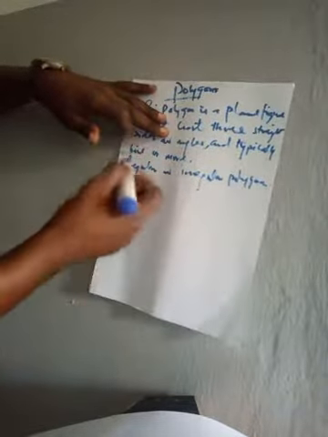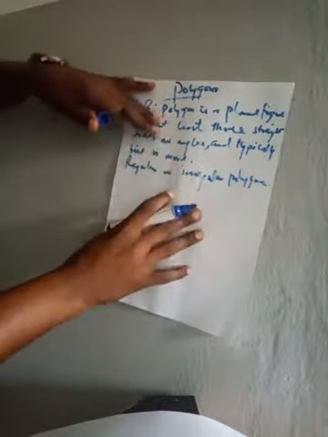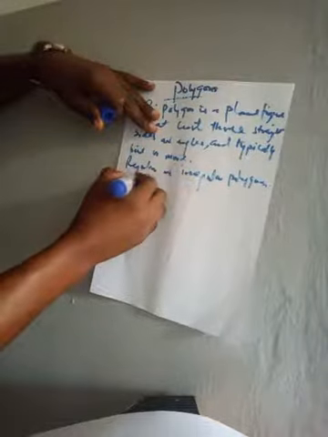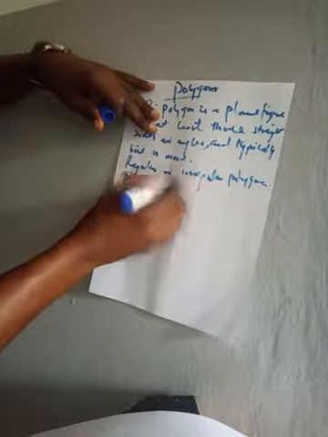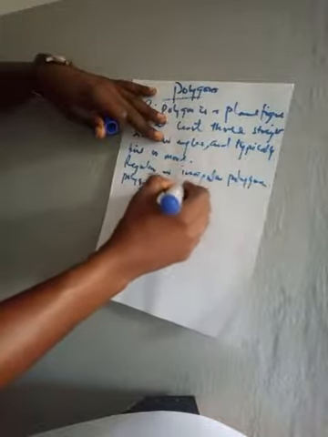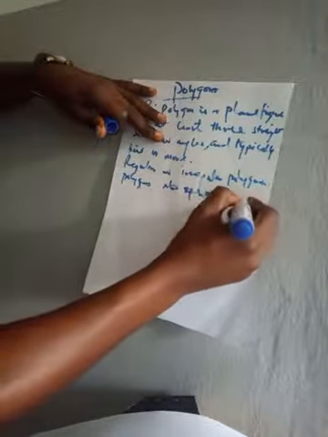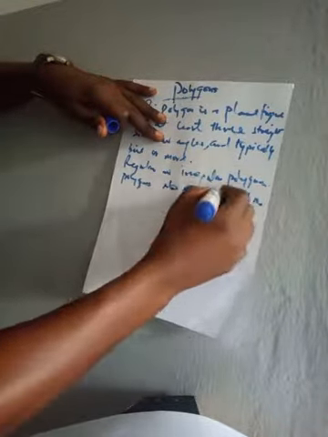And let's start with this. Polygons, number of sides, and sum of interior angles.